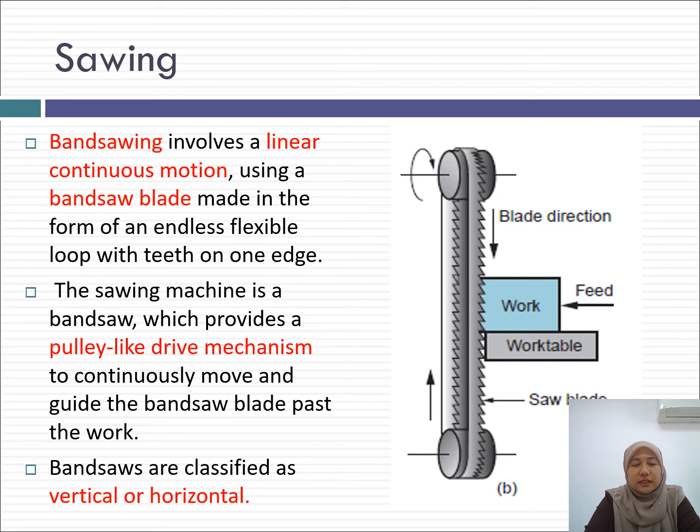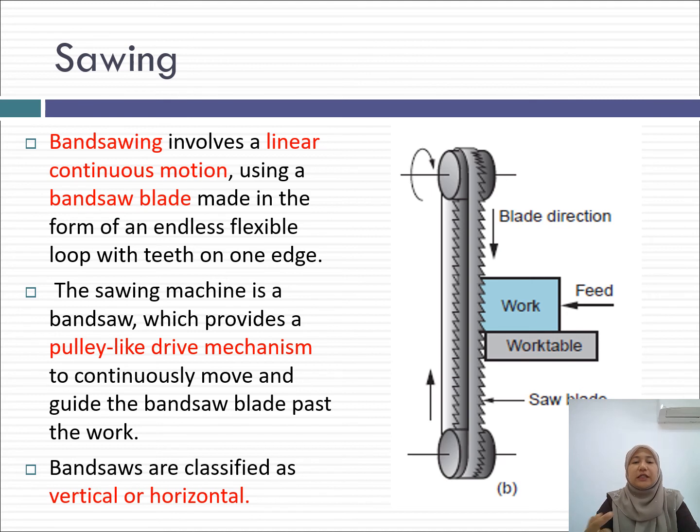The second category of sawing is called bandsawing. It involves a linear continuous motion using a bandsaw blade. So it is a continuous blade, as compared to just now, one linear blade.